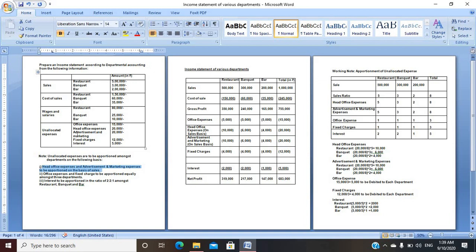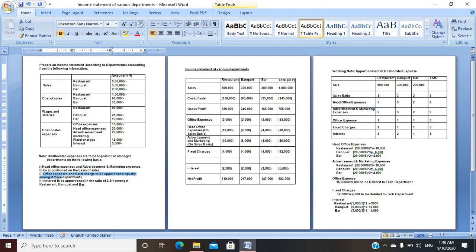Whatever the head office expenses or advertisement mentioned here, it should be divided in the sales ratio. That is 5 lakh, 3 lakh, and 2 lakh. So we have to divide the ratio accordingly, 5 is to 3 is to 2. That is the ratio column.